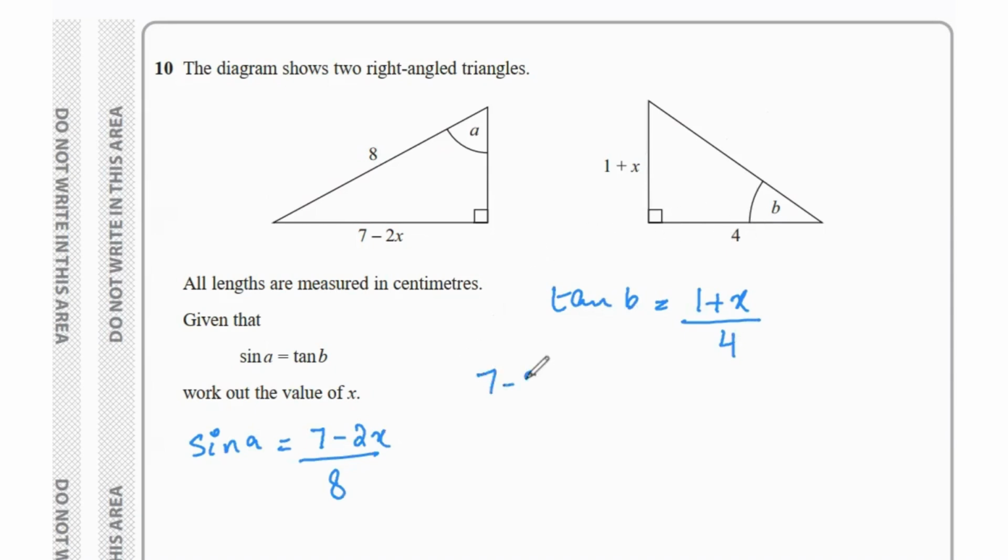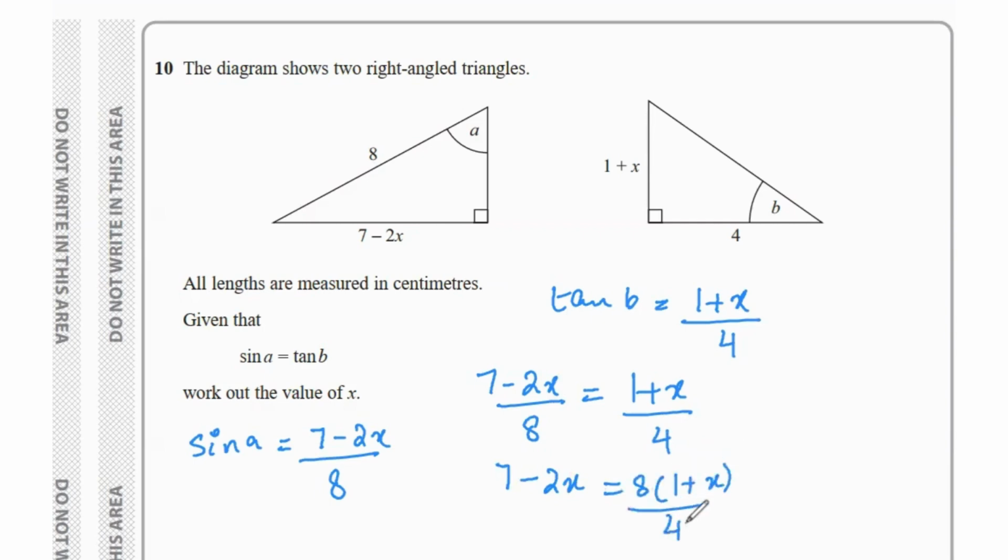So both are equal to each other. Cross multiply. So 7 minus 2x equals 8 times 1 plus x over 4. 4 ones are 4, 4 twos are 8. So now we have 7 minus 2x equals 2 plus 2x.